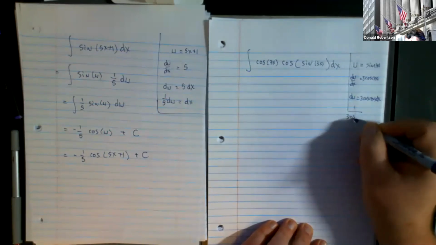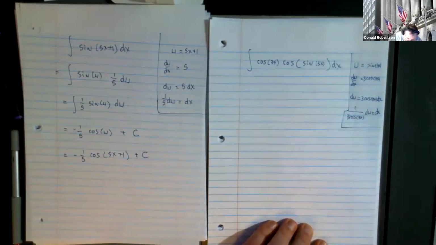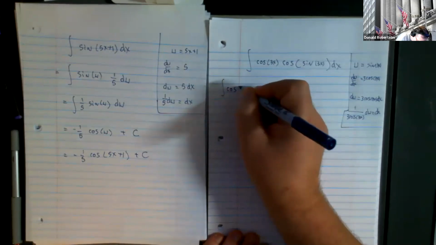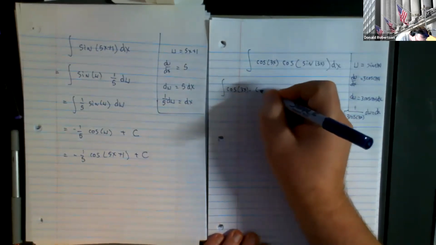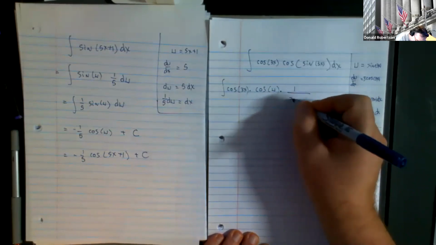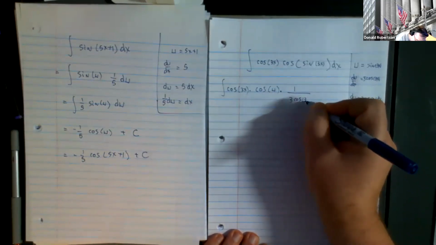And divide both sides, you get 1 over 3 cosine of 3x du is equal to dx. So I'm going to get the integral of the cosine of 3x, the cosine of u, and instead of dx, 1 over 3 cosine of 3x du.